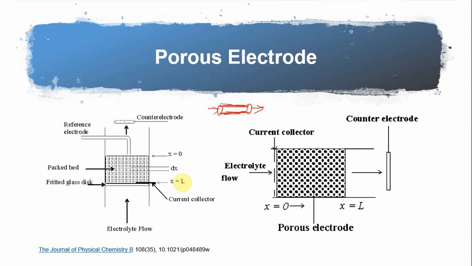This thing, the L, is the length from here to here, that is the pore length, and you can see that the pores will be distributed over the whole surface, forming a kind of bed through which the solution will be passing.